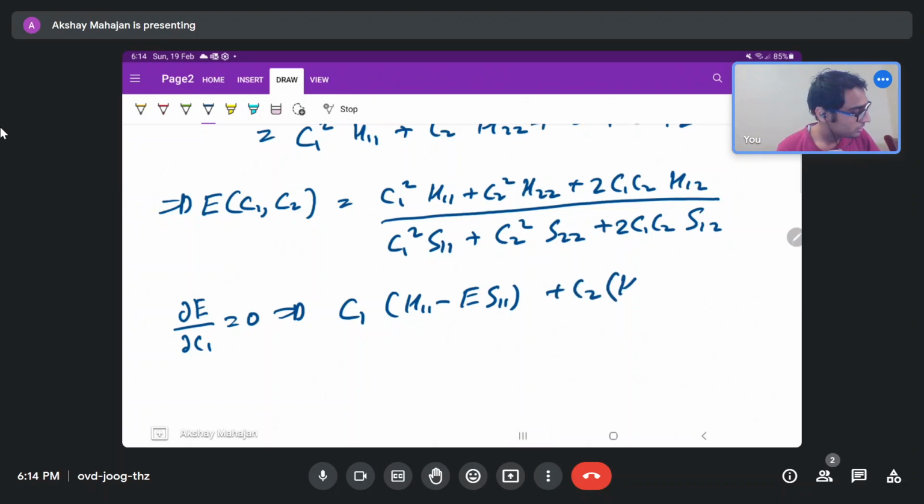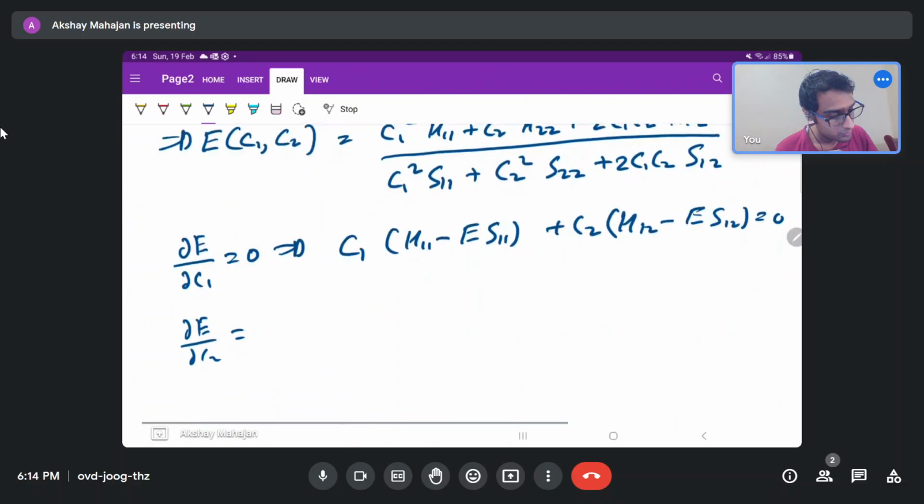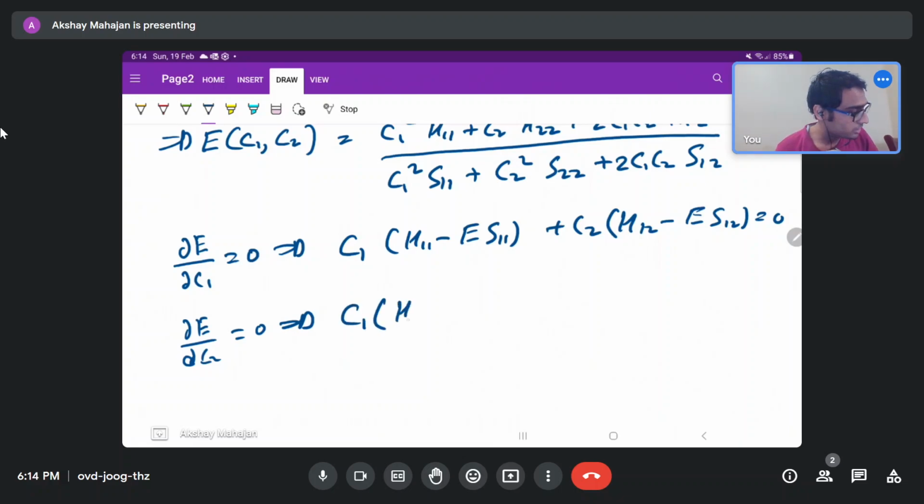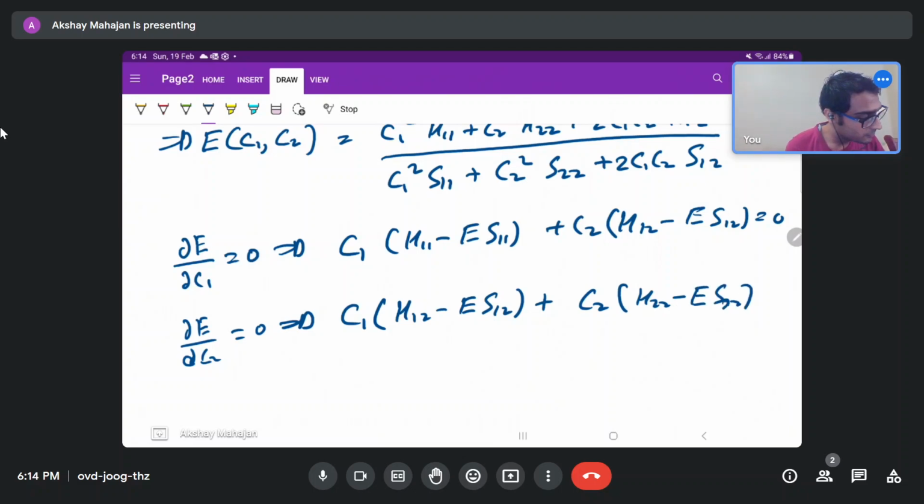C2 times H12 minus E S12 equals 0, and then we have del E by del C2 equals 0, which gives you C1 times H12 minus E S12 plus C2 times H22 minus E S22. Is it correct?